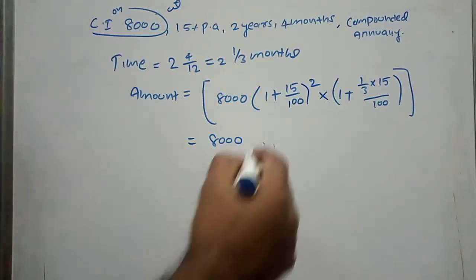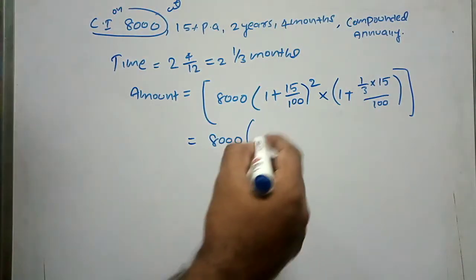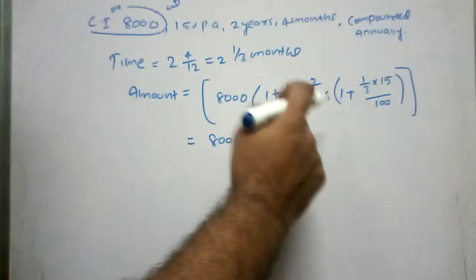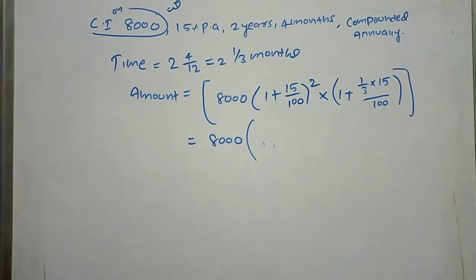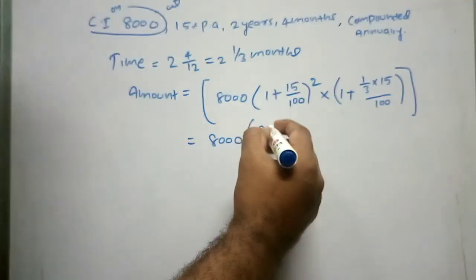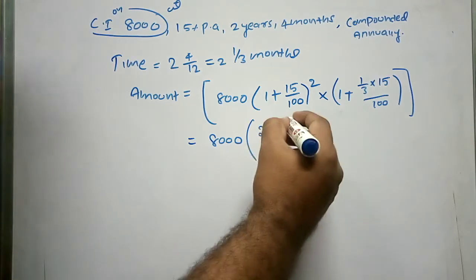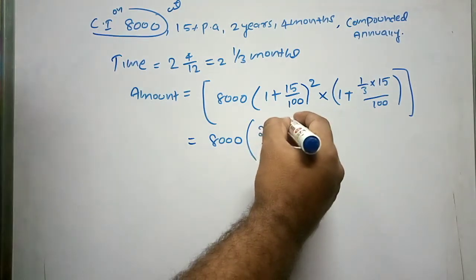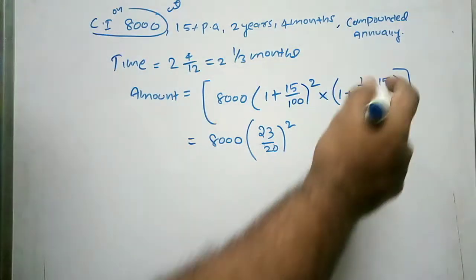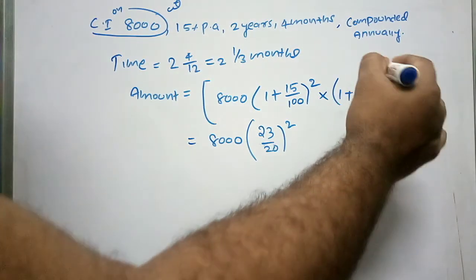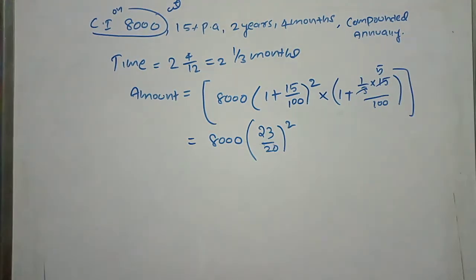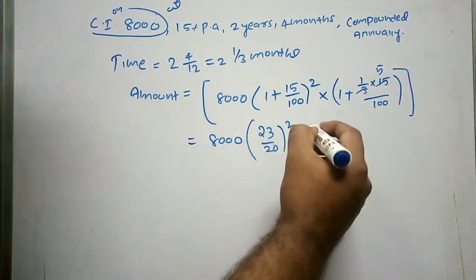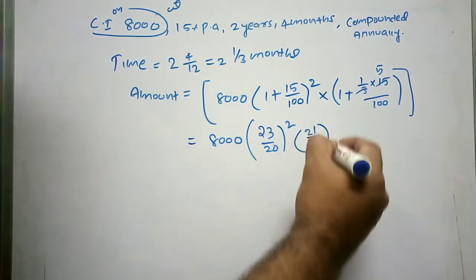So now we are going to solve this. So 8,000, what comes here is 115 by 100, that I am writing as 23 by 20 whole square. Then this I am writing as, 100 plus 5, 105 divided by 100, and this can be 21 by 20.